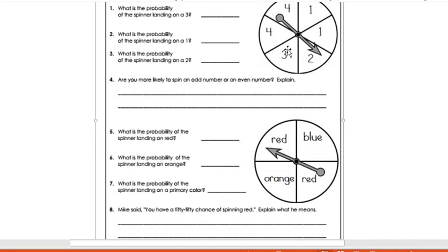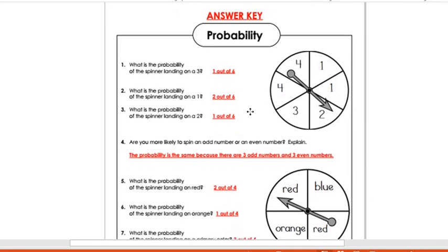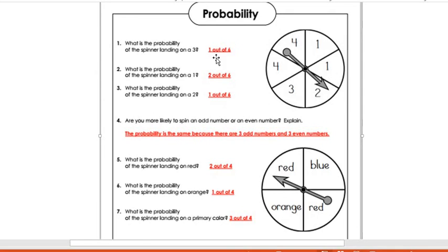Okay, here 3 will be 1 over 6, 1 out of 6. What's the probability of the spinner landing on a 3? This is the spinner, Julie. When it lands on 3, it will be 1 out of 6, right?